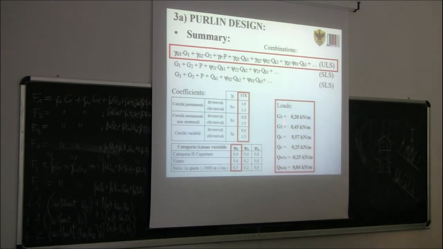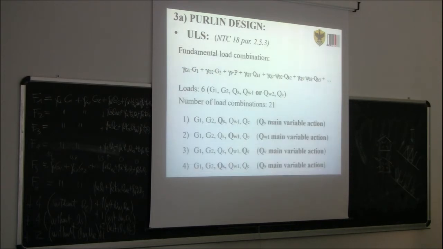And then we need to replace those values of the load in these 21 load combinations together with the appropriate value of gamma G, gamma Q, and the appropriate value of psi 0. And we need to remember that the k mod are different. For G1 and G2 the k mod is 0.6, for QS and QC is 0.9, and for QW1 and QW2 is 1.1.